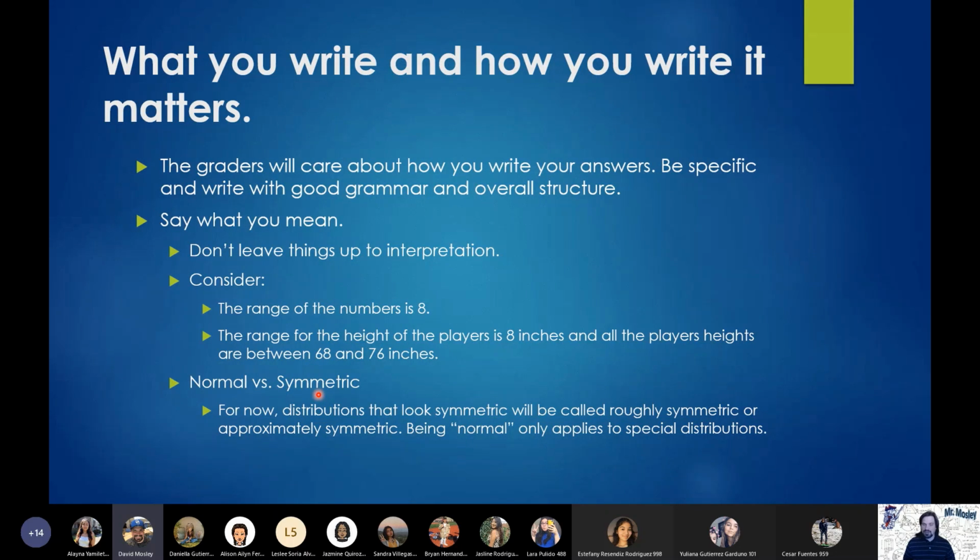So for now, when we're describing these things, we want to say that they're symmetric. Once we've gone over what a normal distribution is and what needs to happen to call it one, we can start using that verbiage in the proper circumstances. But for right now, it's not proper to use it yet. So things that look like they could be normal, we're just going to call symmetric for now, because we don't have the rules for approximately normal yet.